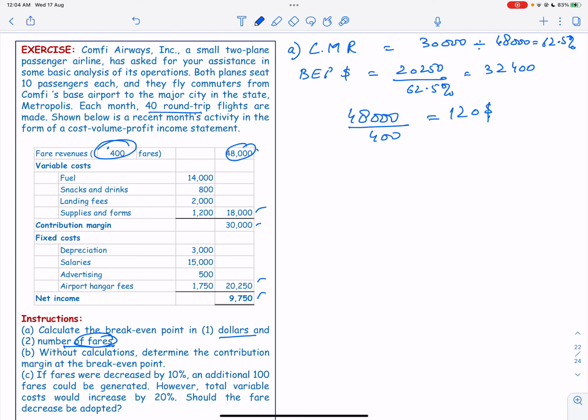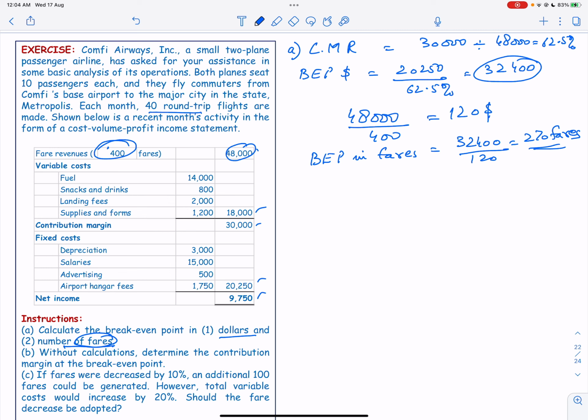So the break even point in fares, or as you can say in units, will be the break even point in dollars, 32,400 divided by 120, that is 270 fares. So to break even, they must have at least 270 fares.